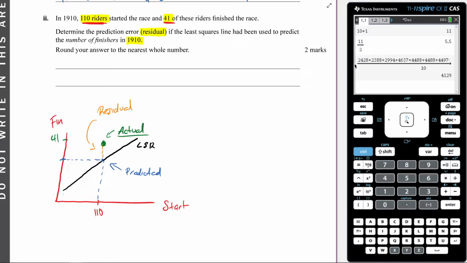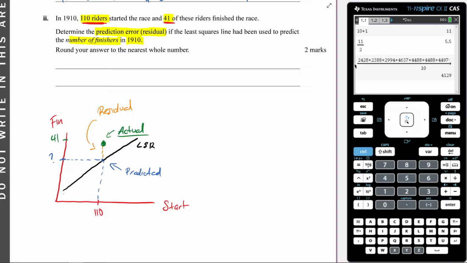But now what we need to figure out is the prediction error if the least squared line had been used to predict the number of finishes in 1910. So if we were to use 110 in our least squared regression line, what would the predicted number of finishes be?